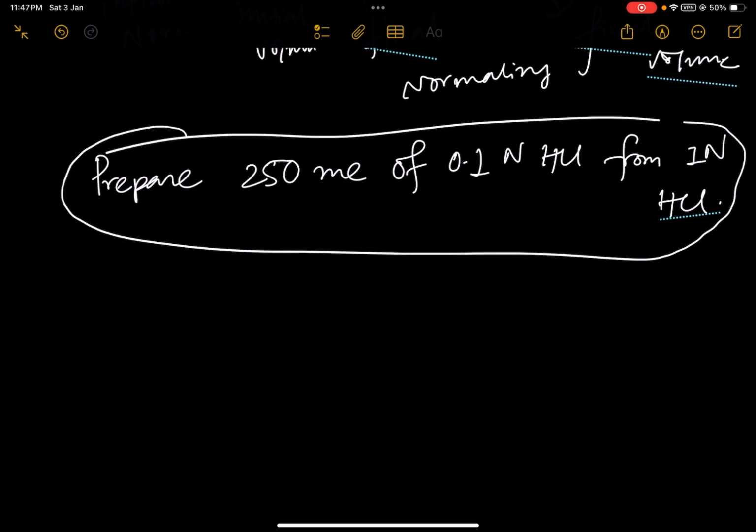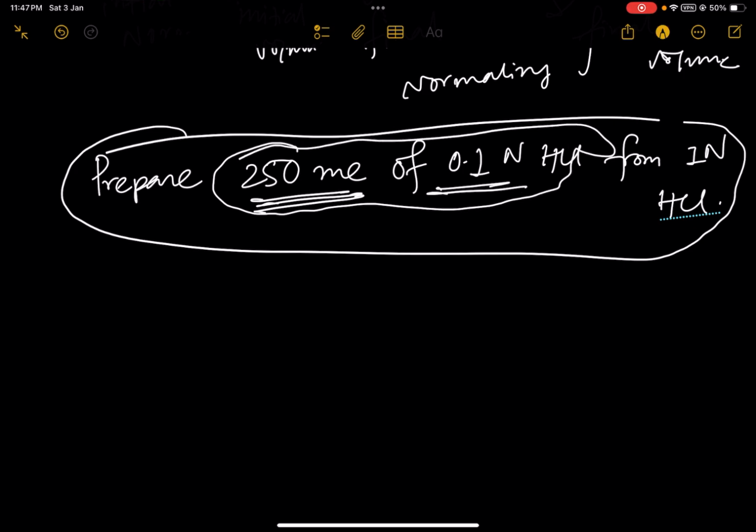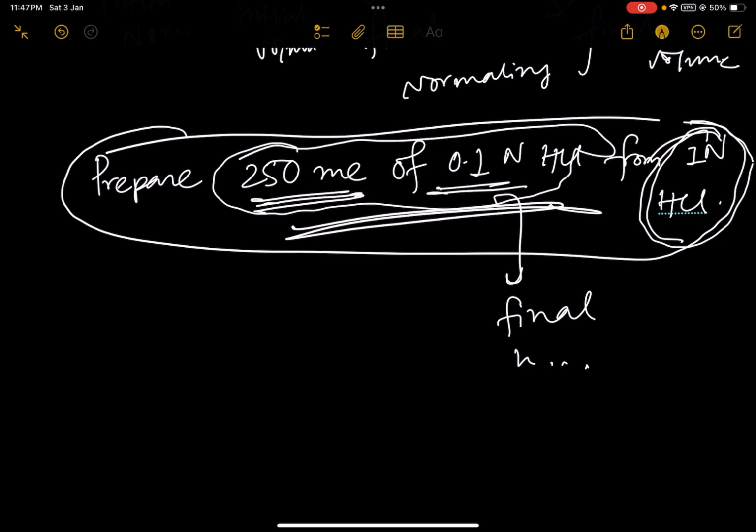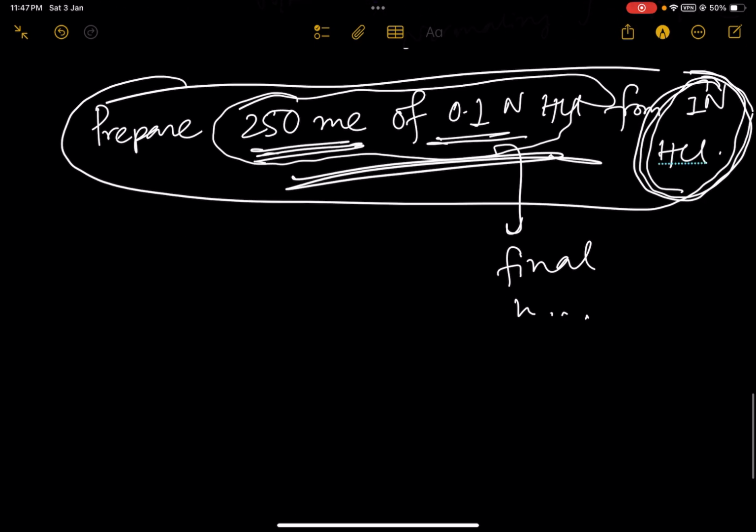So first of all, we have to check what is given in this question. We have to make 250 ml of 0.1 normal HCl solution. So this is the final thing we have to make, and we have to make it from 1 normal HCl solution.